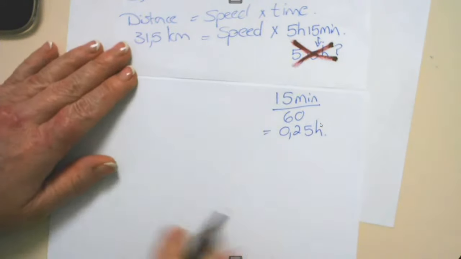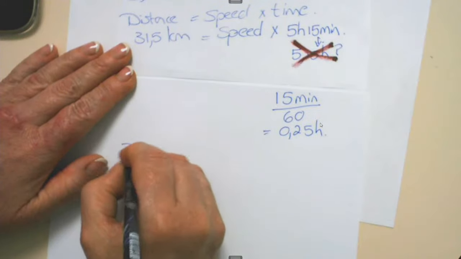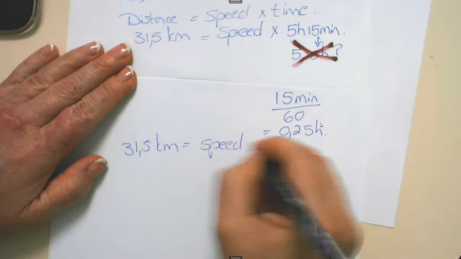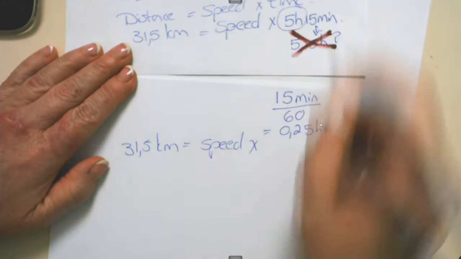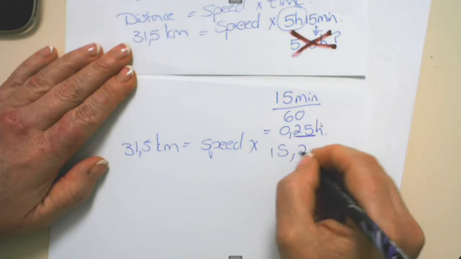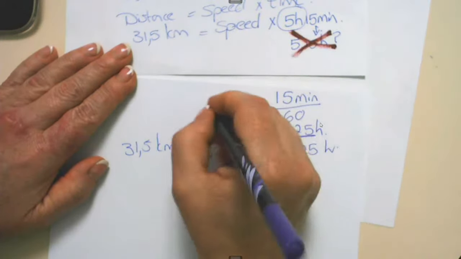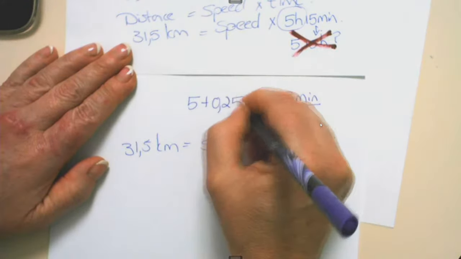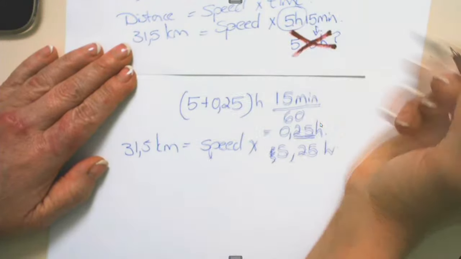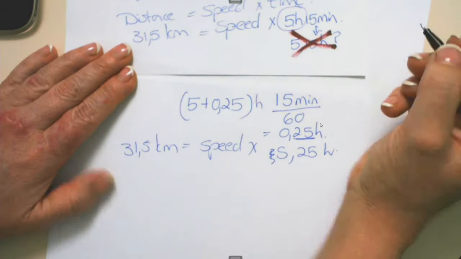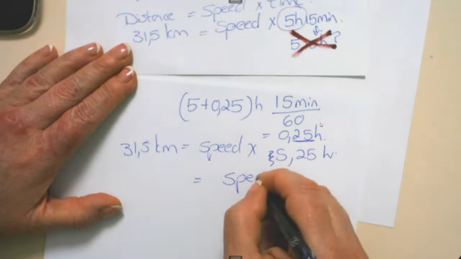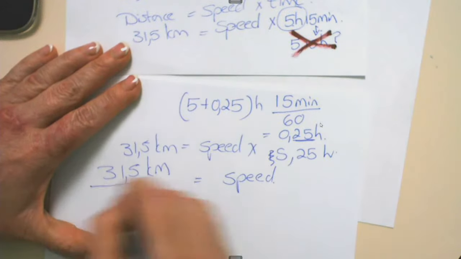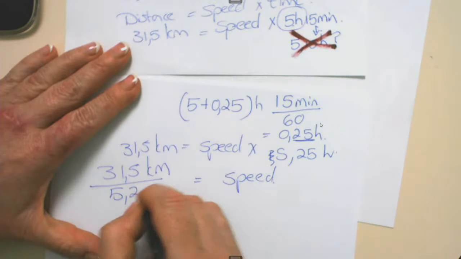So if I go back to what I wrote here, 31.5 kilometers is the speed multiplied by the time, which is not 15, but 5 plus 0.25. That is 5 hours, and you add the fraction that you have, so 5.25 hours. Now if you need the speed, you must simply say 31.5 kilometers, and you must divide it by 5.25.